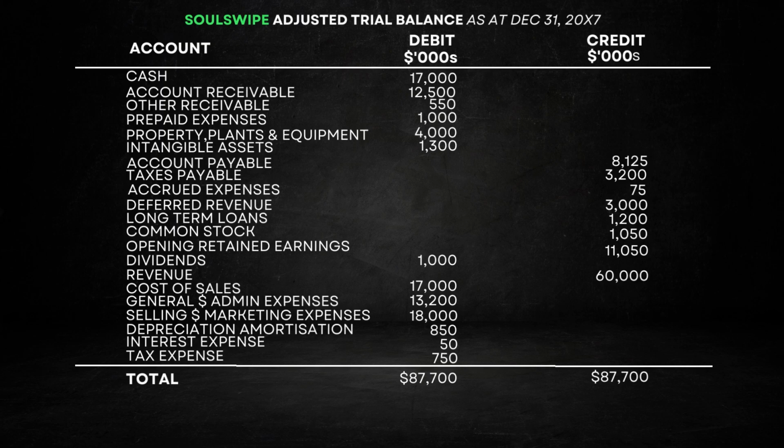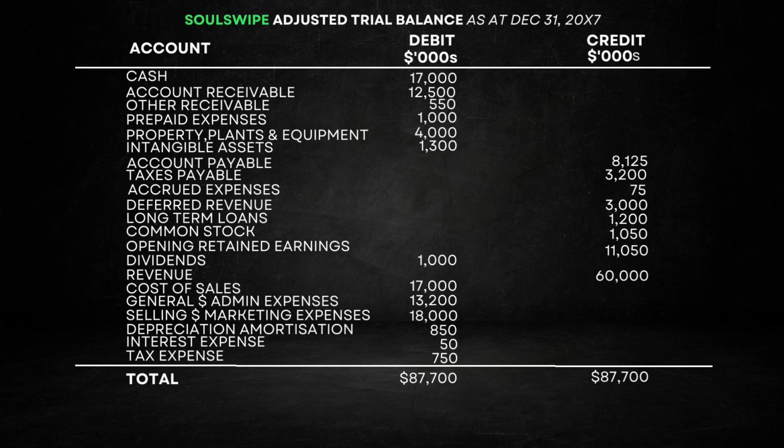The trial balance lists all accounts and balances with debits on the left and credits on the right. At the bottom, we can see that the debits total $87,700,000, which perfectly matches the total credits. This balance is crucial because it ensures that SoulSwipe's trial balance is in balance. And when the trial balance is balanced, it means our balance sheet will be balanced too.